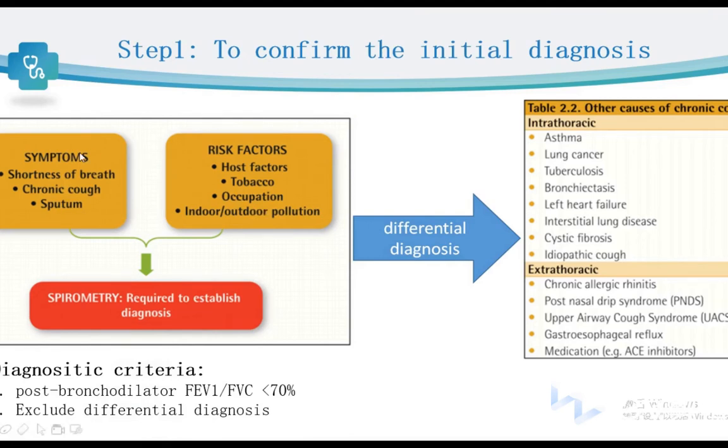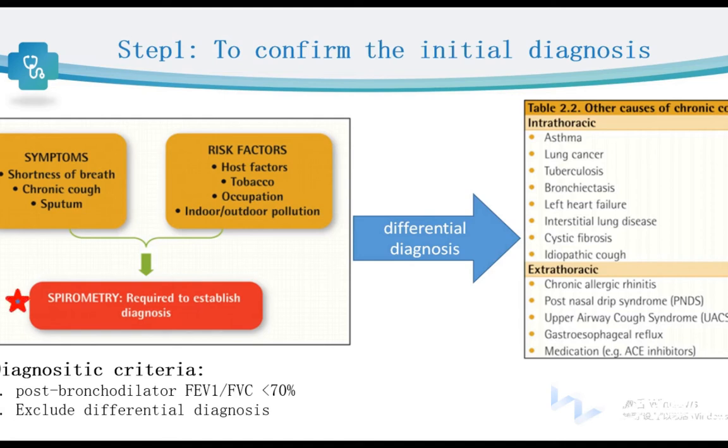According to the symptoms, especially the main symptoms, including the sputum, cough, and dyspnea, plus the risk factors, including the exposure to the noxious particles and gas, we can suspect a COPD, and that is our initial diagnosis. And next, we need to arrange a spirometry for this patient to confirm our initial diagnosis.